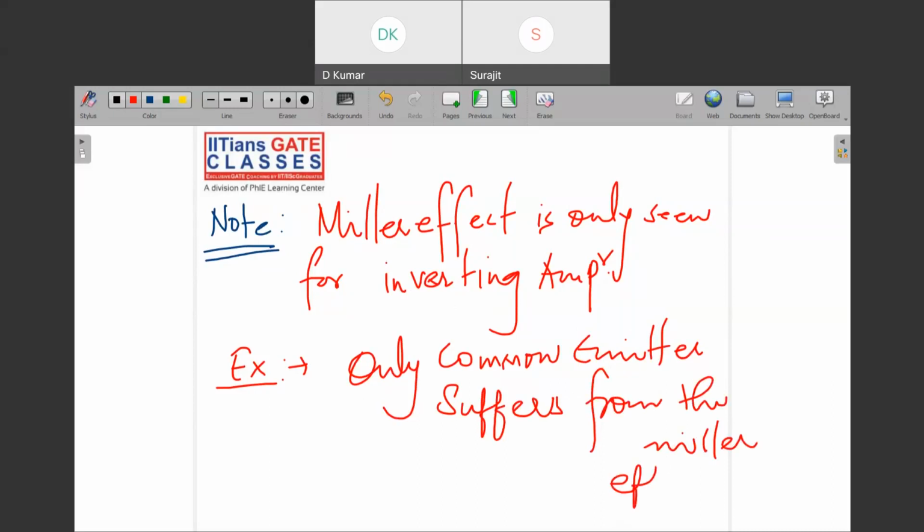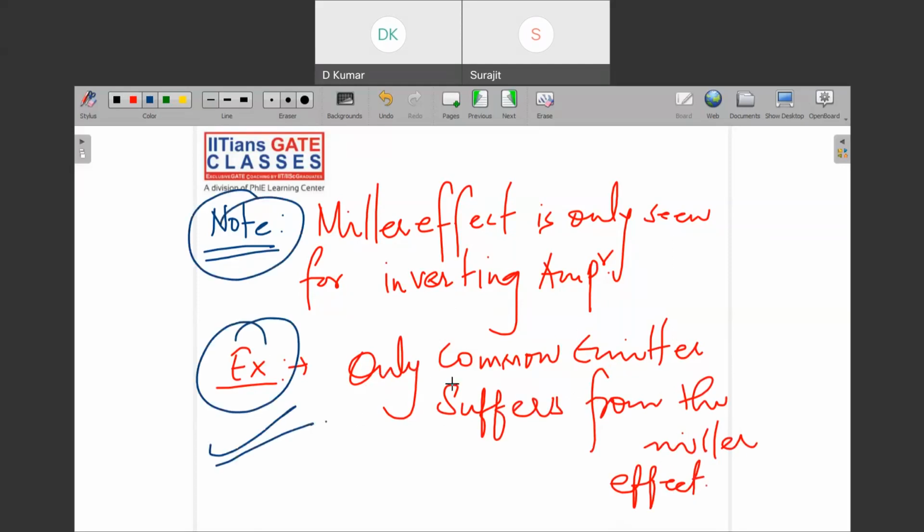These things are very, very important. Common base and common collector do not suffer from the Miller effect. This is the very important note. Please keep in mind. Common emitter suffers from the Miller effect.